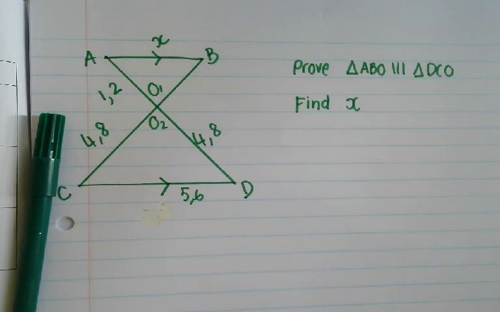4.8 times 1.2, which is what? It is 5.76. Dividing both sides by 4.8, BO is equal to? 1.2. Did you calculate it?